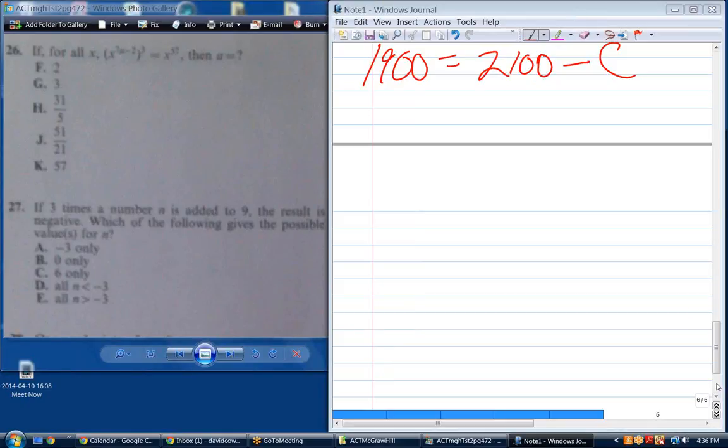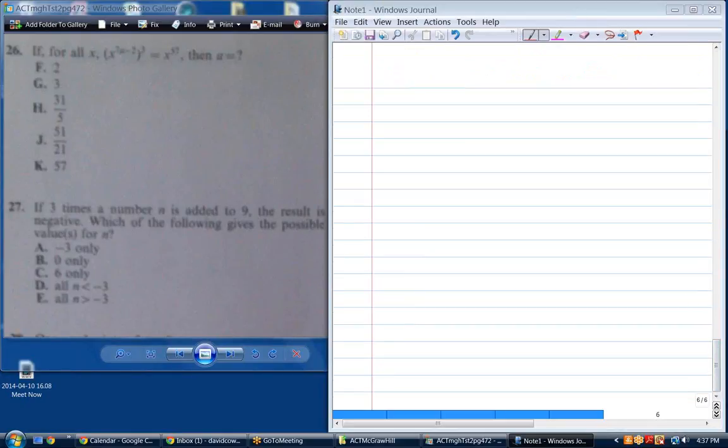Let me write this out so you can read it. We have x to the 7a minus 2, cubed, equals x to the 57.